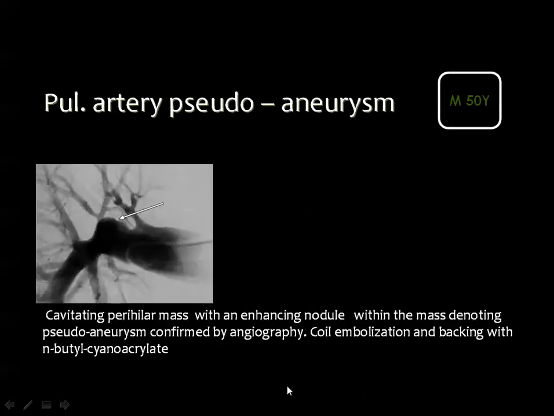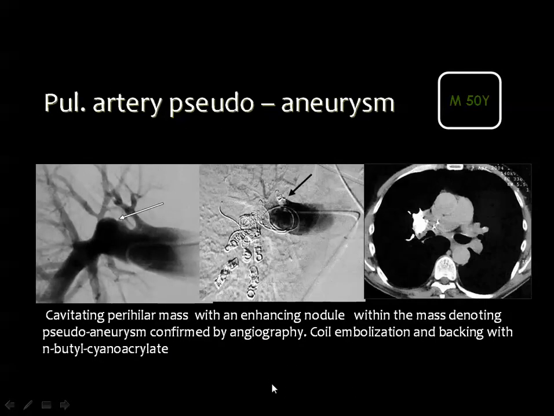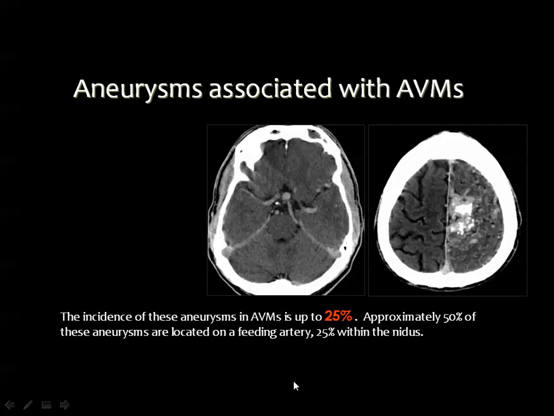And these aneurysms are usually treated interventionally by coils to prevent rupture, because the risk of rupture is high, and hence the mortality rate is also high. Then aneurysms may be associated with arteriovenous malformations.